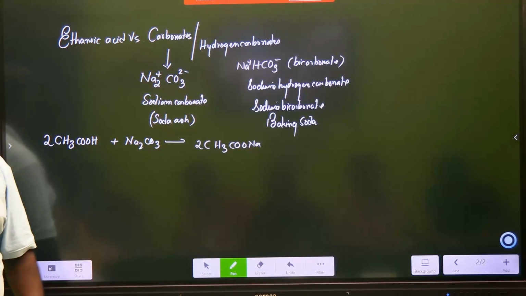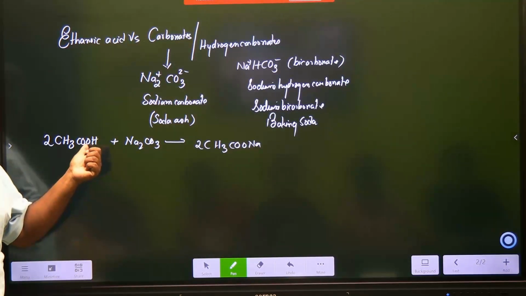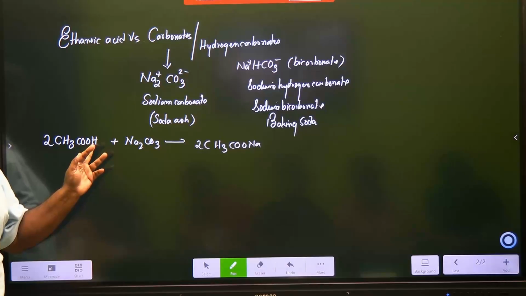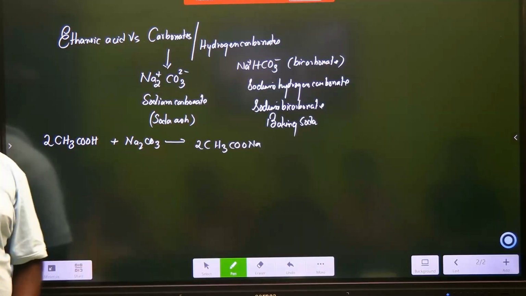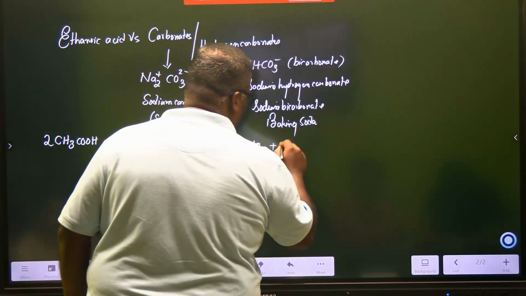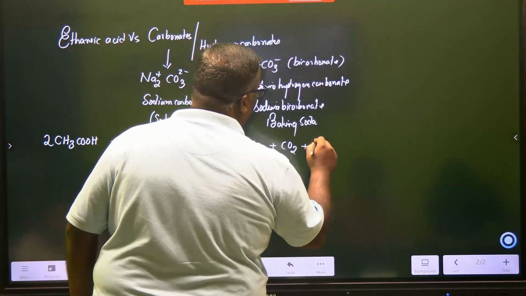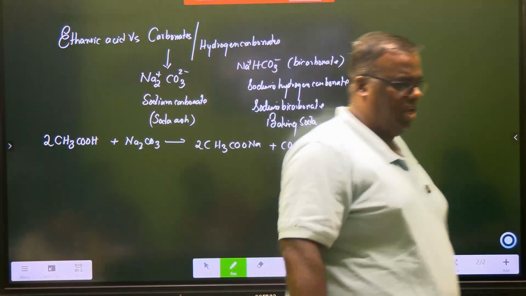Then CH3COO is gone, H is remaining. And here CO3 will make CO2. So you'll get CO2 plus H2O. Do you see something here in this reaction?